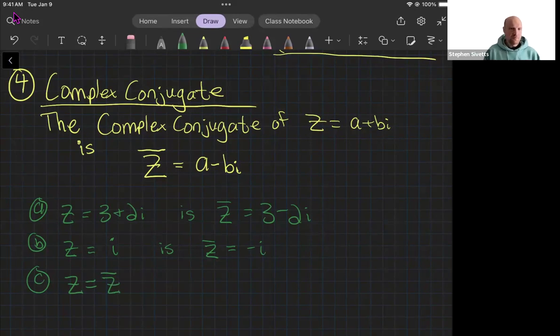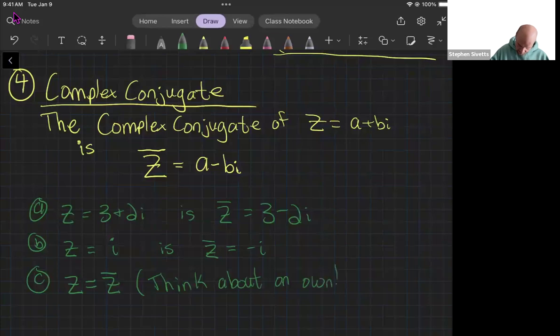What do those numbers look like? I want you to think about this on your own. Try not to think too hard about that one.